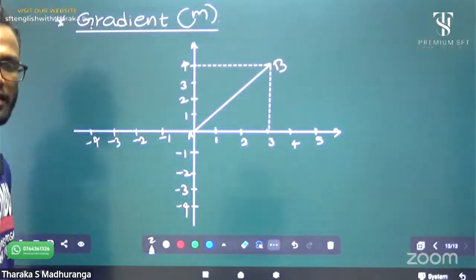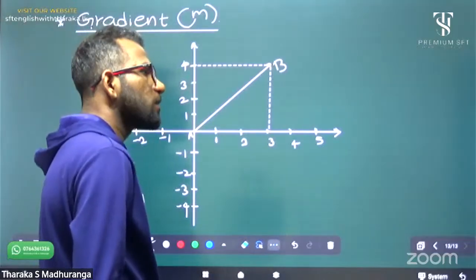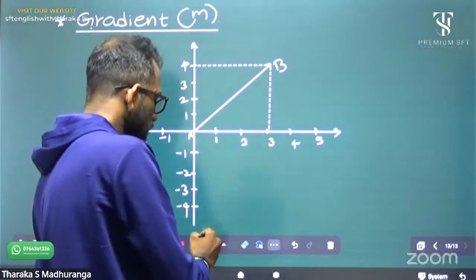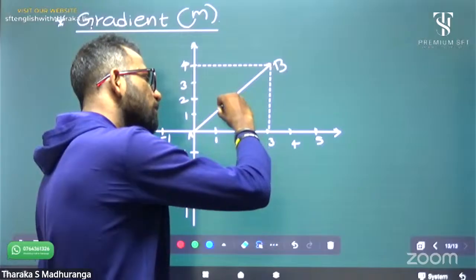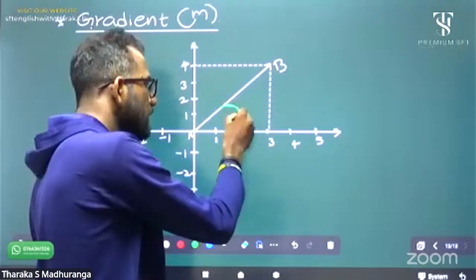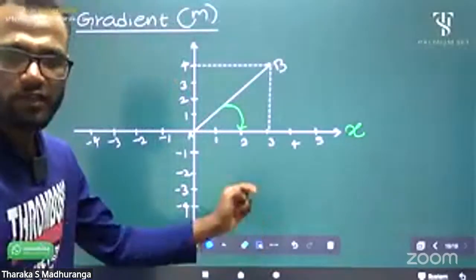Remember, the gradient always means the tan of the angle, or slope, with the x-axis positive direction. I explained last week where the x-axis positive direction is.